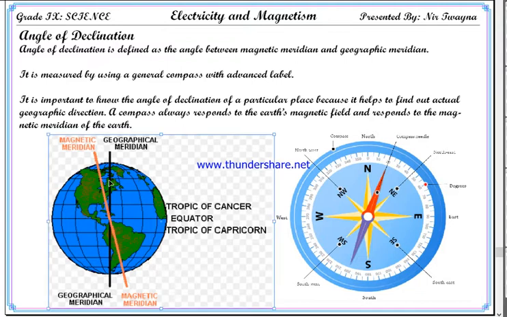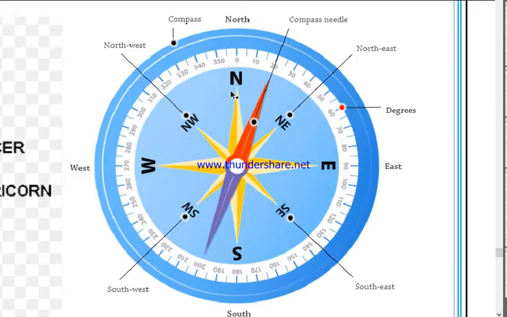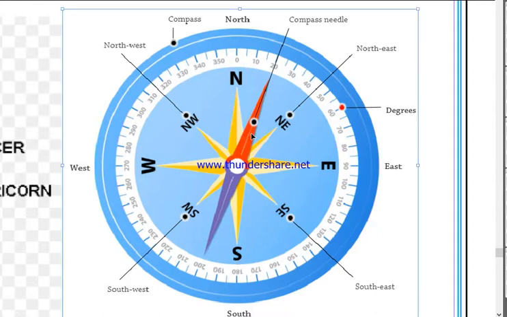Actually, there is no exact device to measure the angle of declination. This is calculated just by using a graph. However, the knowledge of the angle of declination is very important in finding out the actual north and south direction. Because your compass in general shows the north and south direction based on magnetic poles.